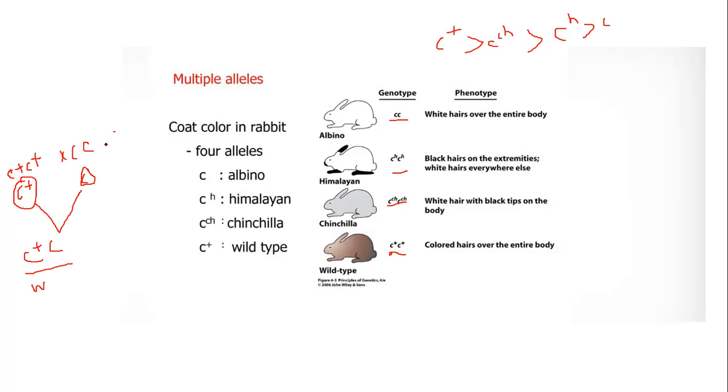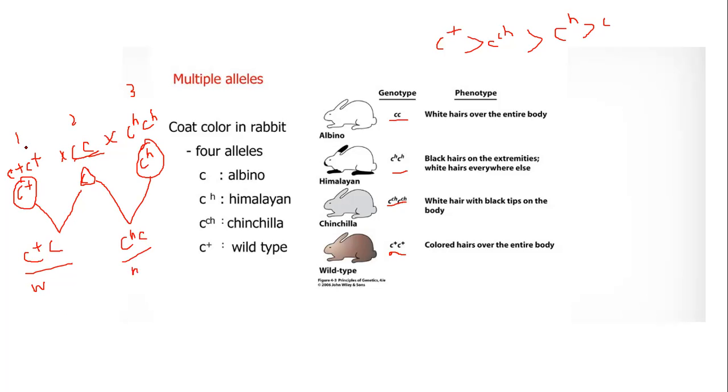And when this small c is crossed with, say, for example, CH, this is allele 1, this is allele 2, and this is allele 3. So it will give the gamete CH, and when it combines with this one, it will give CH C, Himalayan.